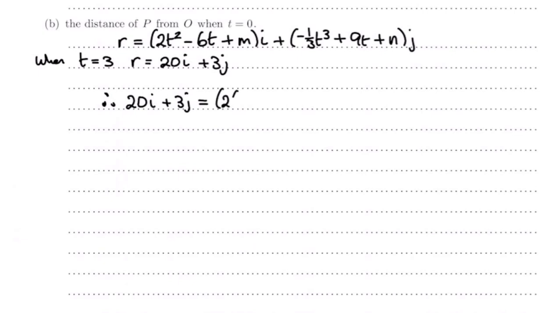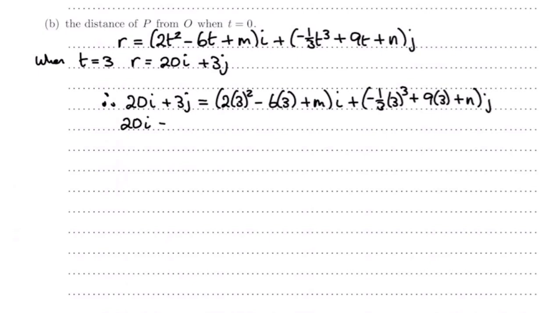So I'm going to get 2 lots of 3 squared minus 6 lots of 3 plus m in the i direction, plus minus a third 3 cubed plus 9 lots of 3 plus n in the j direction. Sorting that out, we get 20i plus 3j equals m in the i direction plus 18 plus n in the j.